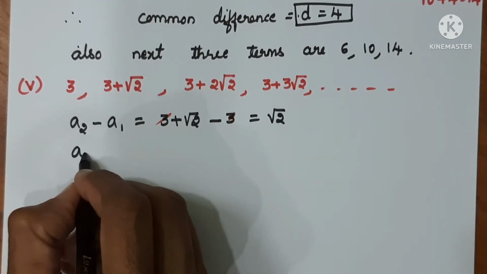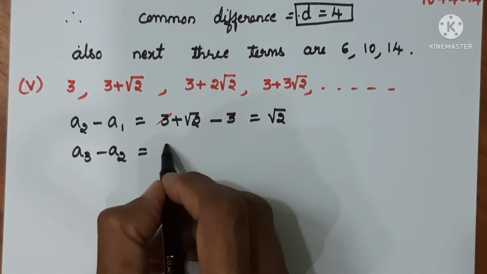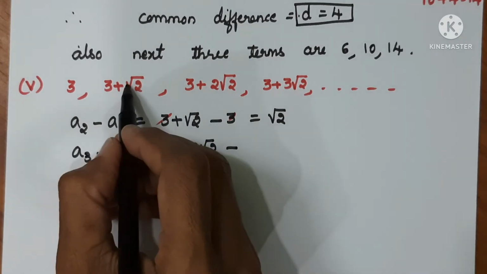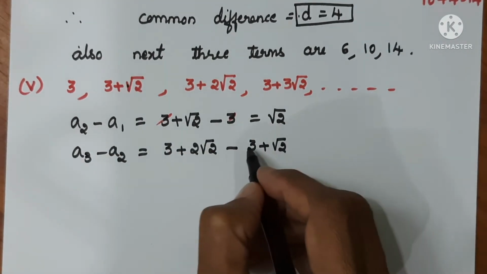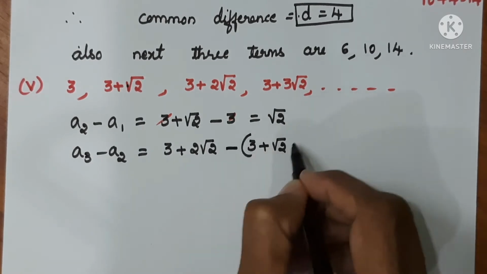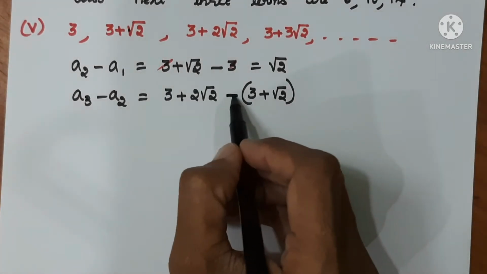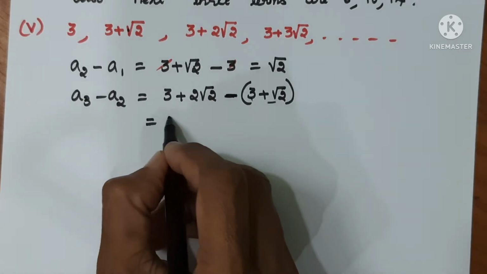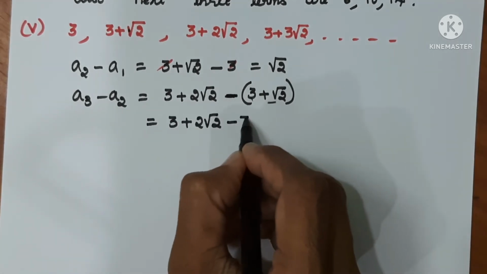Again, A3 minus A2. Third term is 3 plus 2 root 2 minus second term is 3 plus root 2. Here you cannot write directly 3 plus root 2 since we are having the minus sign. You have to put the bracket. Before subtracting we have to multiply these numbers with the minus sign: 3 plus 2 root 2, this is minus 3.